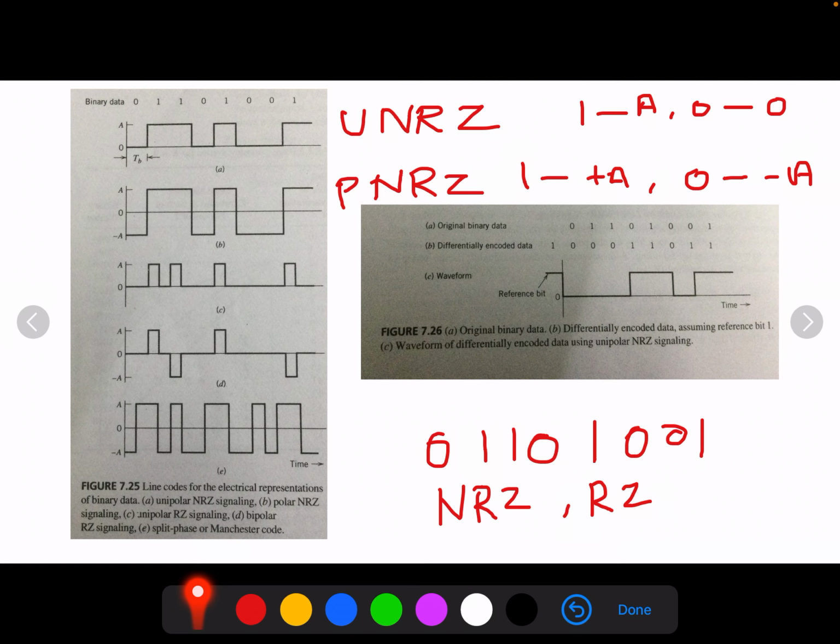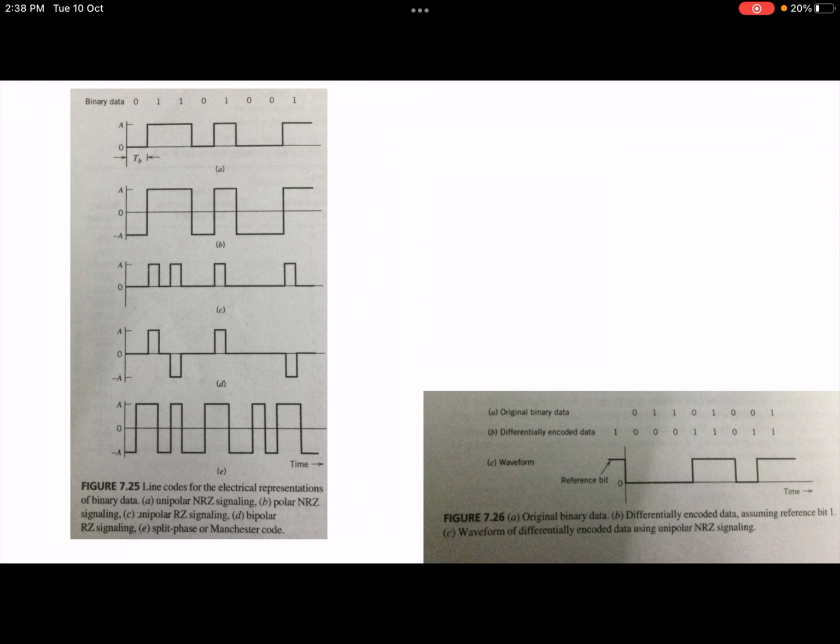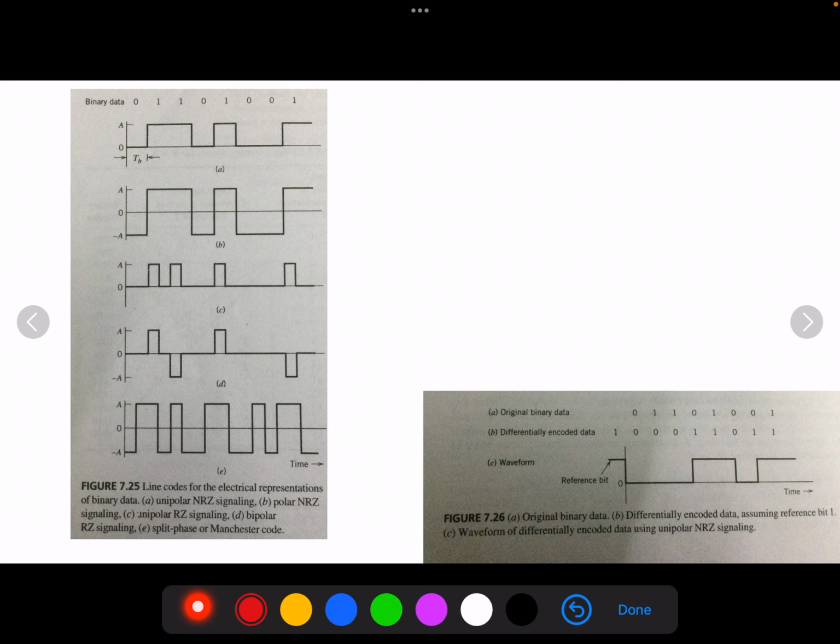The next one is unipolar return to 0. In this line code, symbol 1 is represented as a pulse of amplitude A and half symbol width, and symbol 0 is represented as no pulse, 0 itself.